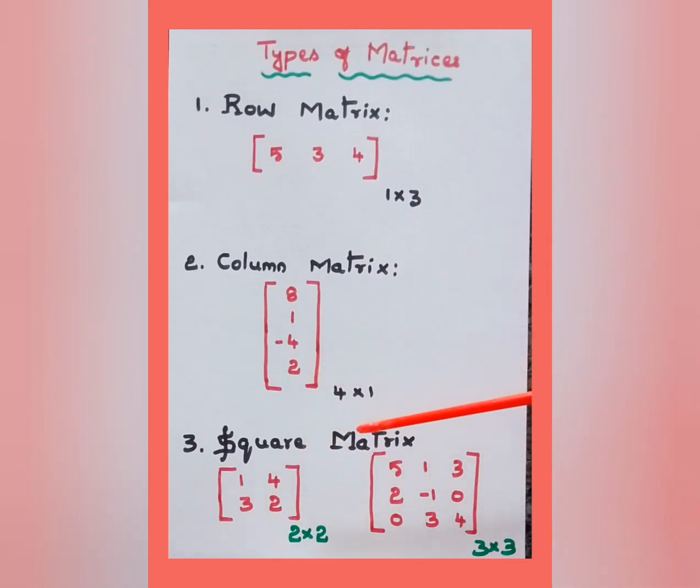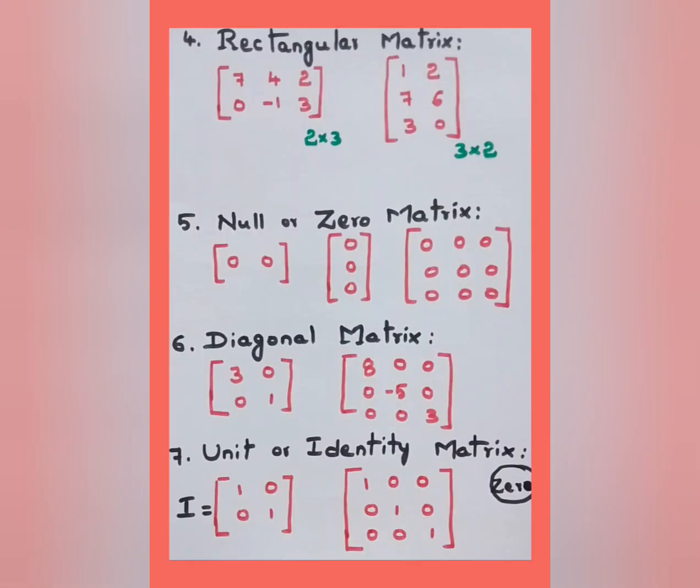Square matrix. A matrix which has an equal number of rows and columns is called a square matrix. You see, 2 rows, 2 columns. 3 rows, 3 columns. So this is an example of a square matrix. Next, moving on to rectangular matrix.